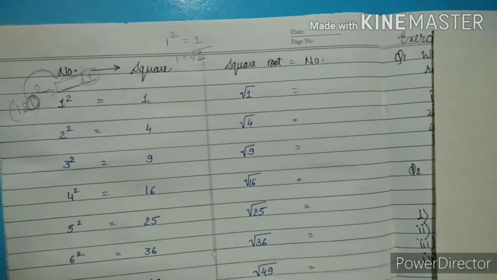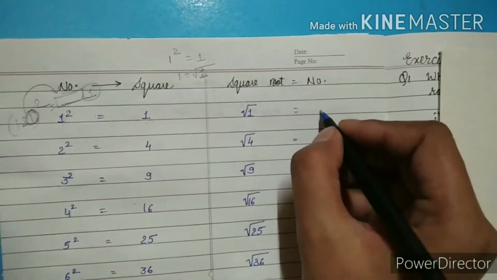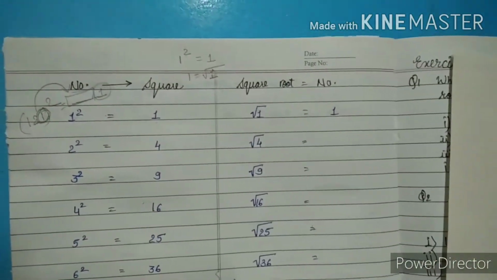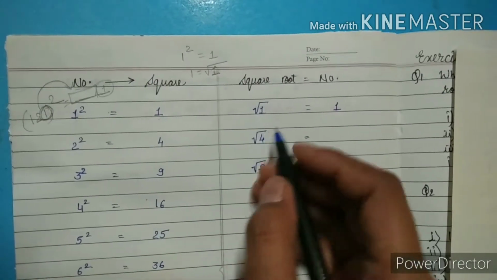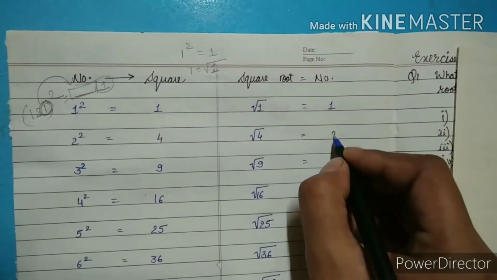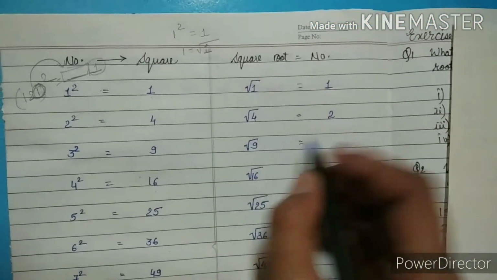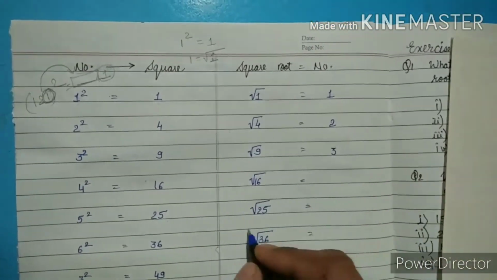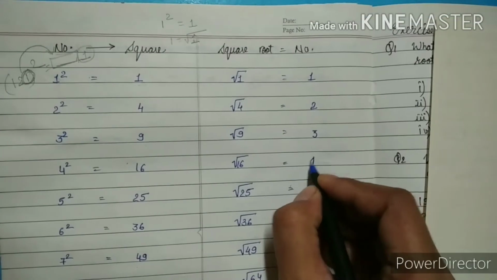Under root 1 value is 1. Under root 4: 2 square is 4, so under root 4 is 2, under root 9 is 3, under root 16 is 4.